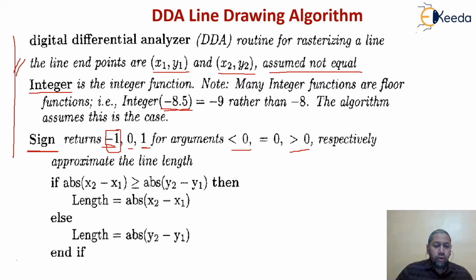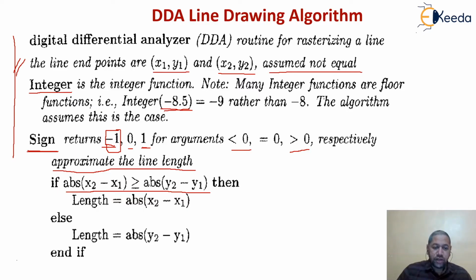Now, as we learned in the previous slide, we have to find out the largest value between delta x and delta y. We are going to approximate the length of the line which is higher. So which length value am I going to take? I am going to take between the absolute x2 minus x1 and the absolute y2 minus y1, whichever is larger.